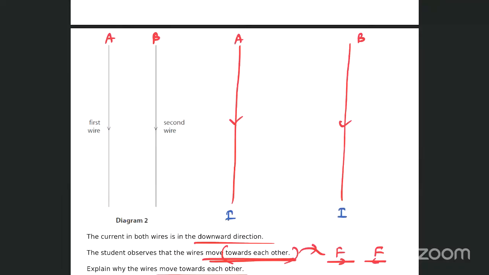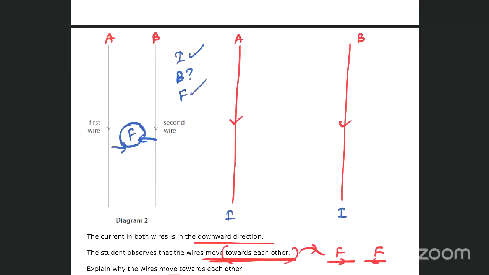They have given that these wires will be attracting towards each other, which means that in a different way they have mentioned the force as well.